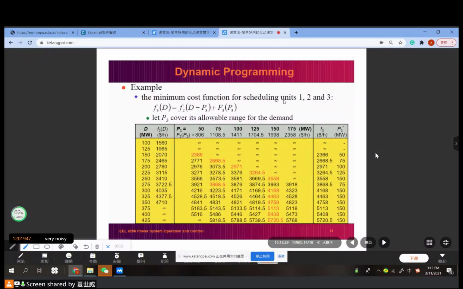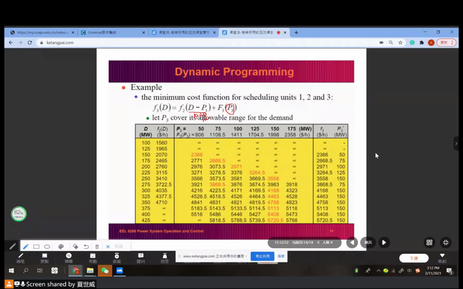The minimum cost for supplying unit 1, unit 2, and unit 3 is this. If unit 3 supports P3, what is left for generator 1 and generator 2, meaning P1 plus P2, equals D minus P3. That means there are 2 generators.